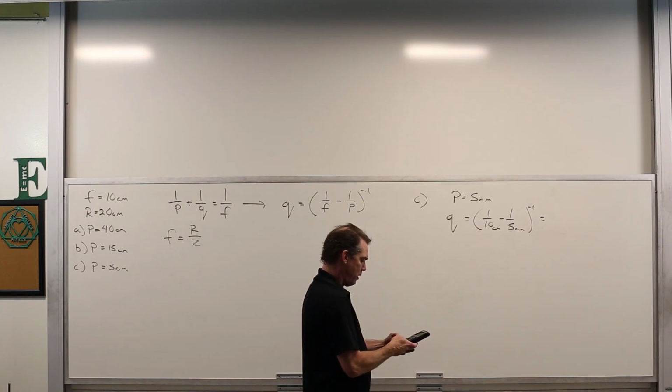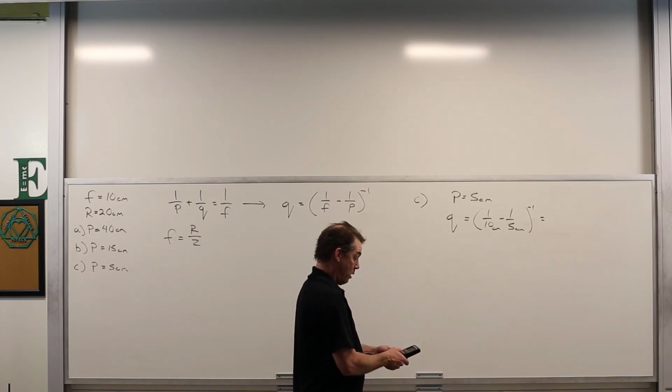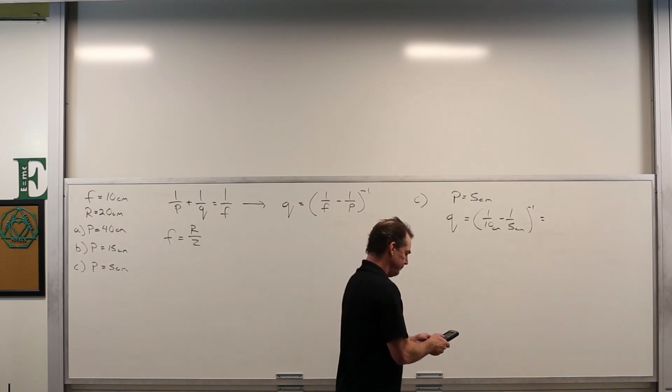1 divided by 10 minus 1 divided by 5 to the negative 1 gives me, excuse me.